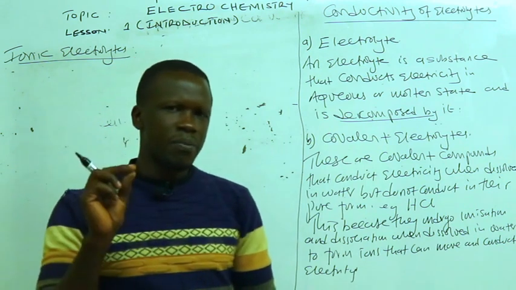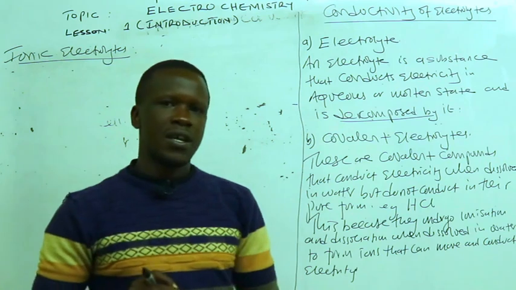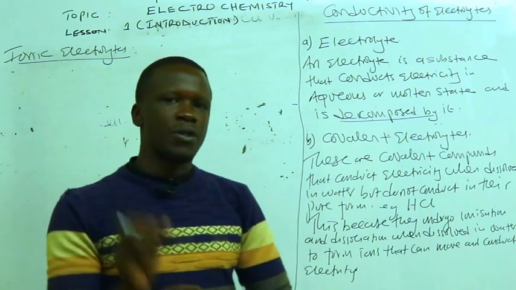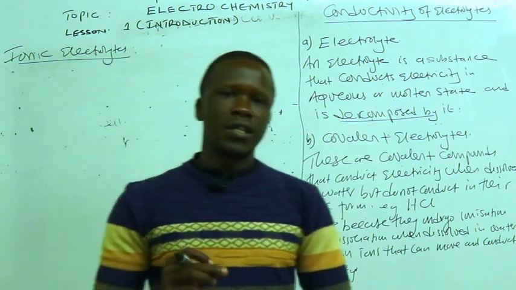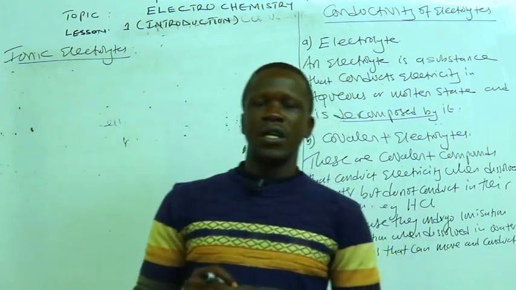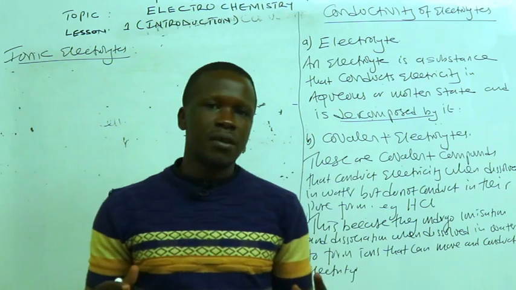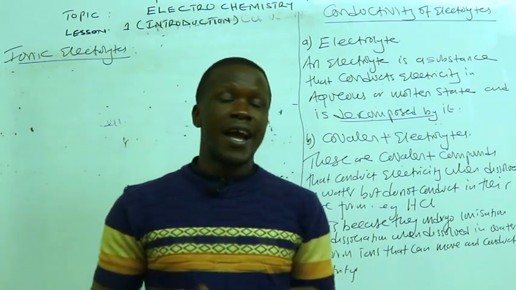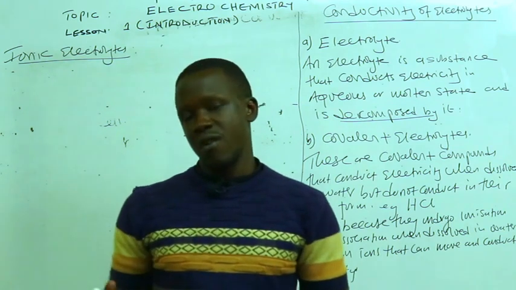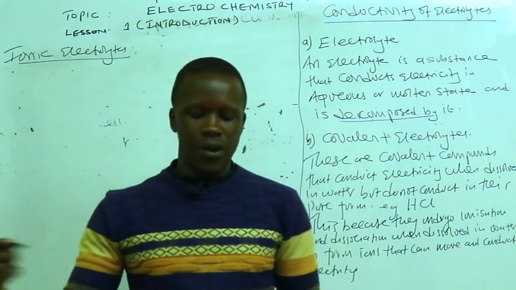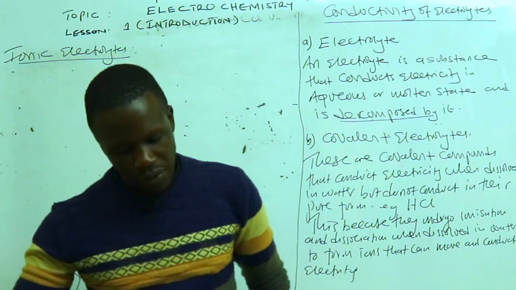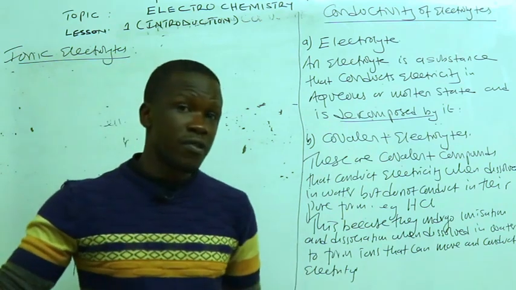However, when this compound is heated and it undergoes the process of melting and we acquire a molten state of the compound, then the ions are free because some ionic bonds have been broken. And once the ions are free, they can conduct electricity because of the ability of the ions to move.